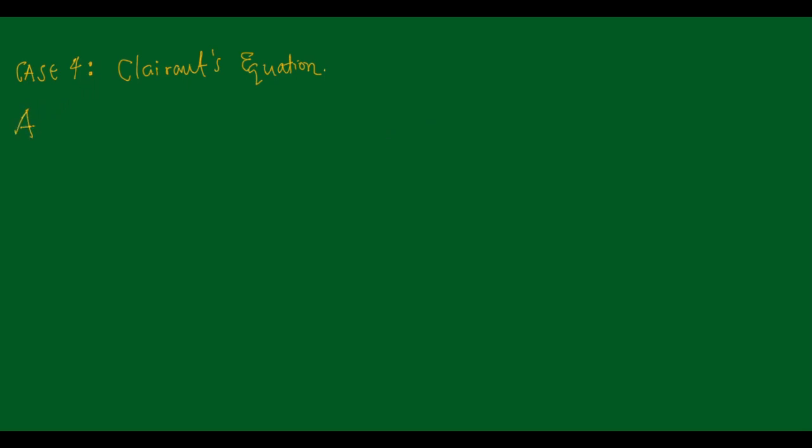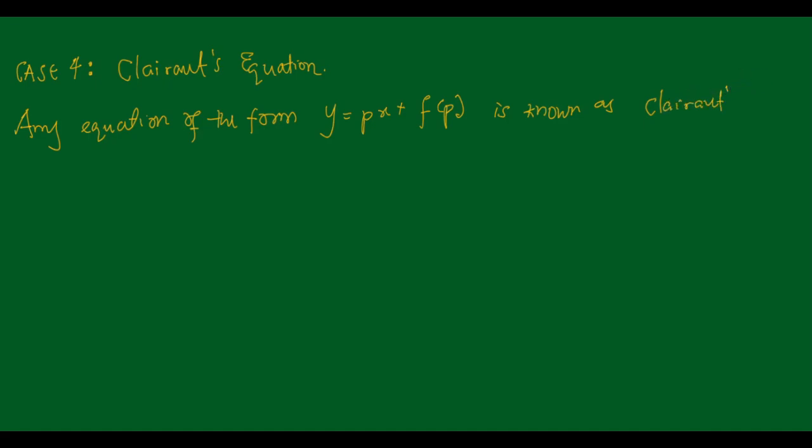Any equation of the form y = px + f(p), a function in p, is known as the Clairaut equation. And if you notice, this also looks like a form of equations solvable for y.